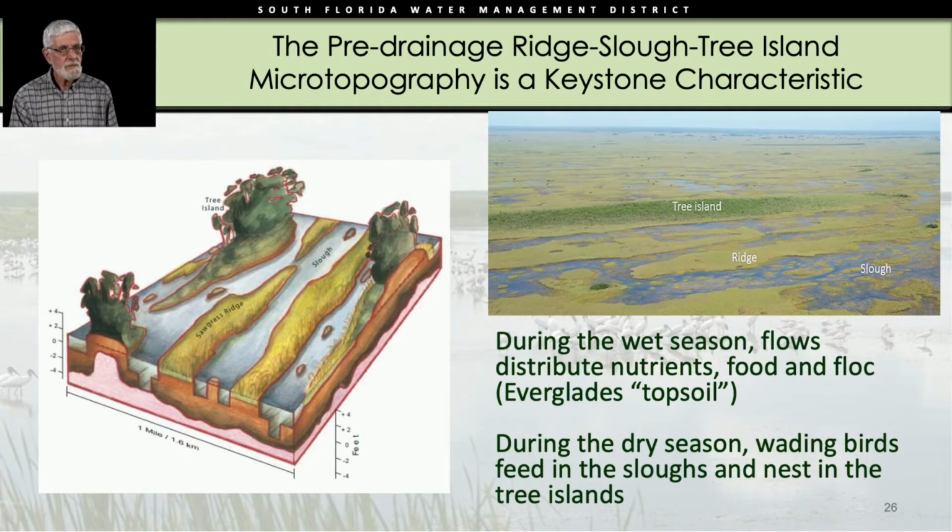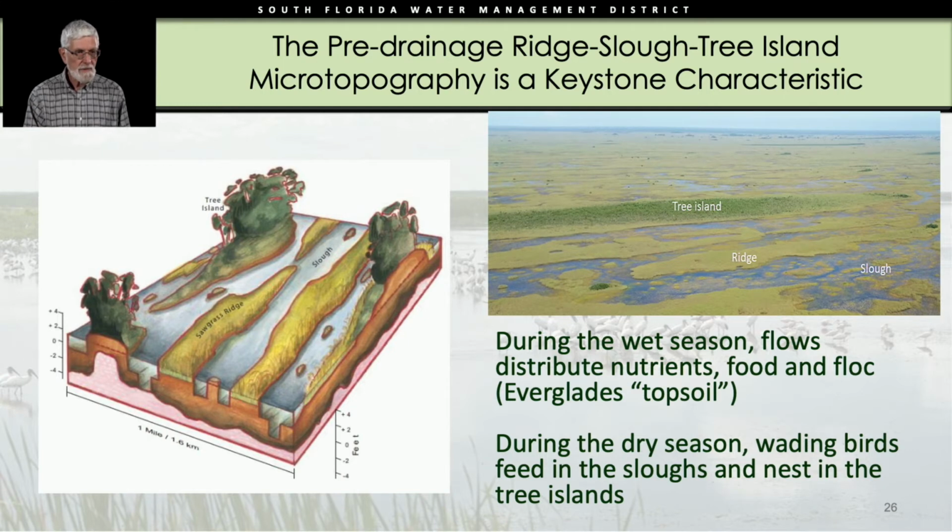The pre-drainage ridge and slough tree island microtopography is a keystone characteristic of the Everglades. You cannot really function as an Everglades if you don't have this pattern of landscape, where you have tree islands for animals to nest on. You have ridges that funnel water into the sloughs, and of course you have the sloughs. And during the wet season, the whole system flows and delivers nutrients and food and moves the sediment around.